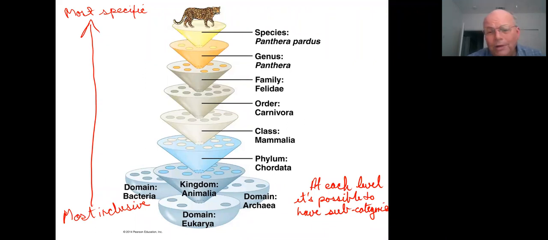So one of the things that you may not recognize about our own species name, which most people recognize as Homo sapiens, is that in fact, a more correct way of identifying us is Homo sapiens subspecies sapiens.